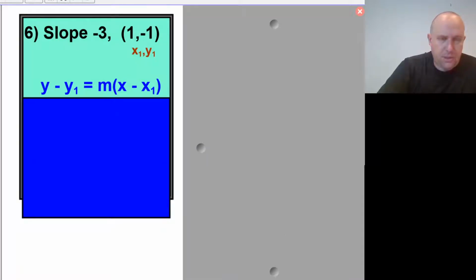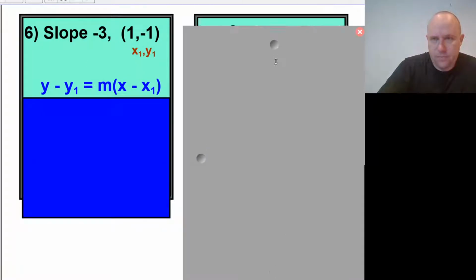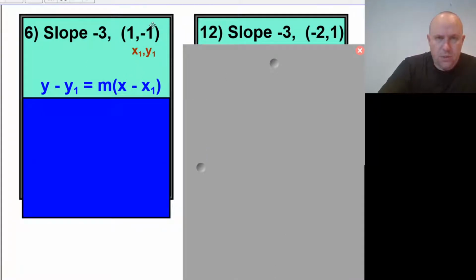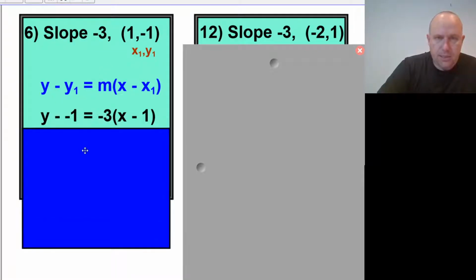All right, let's move on to the ones for -3. So one of them is (1, -1). So label your coordinate, write out the equation. Start plugging in the numbers. So y1 is -1. Notice again, I'm subtracting something that's negative, so the two negatives together will give me a positive. And for x1, I'm just going to plug that in as 1.